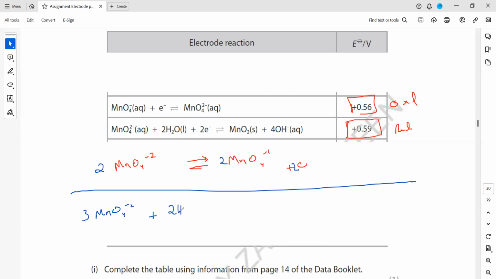Because this will be 2H2O. Electrons will cancel with electrons. This will be MnO4 minus 1 is there. So 2 MnO4 minus 1 plus MnO2 plus 4OH. So that is the combined equation which we need, and it's only 1 mark.